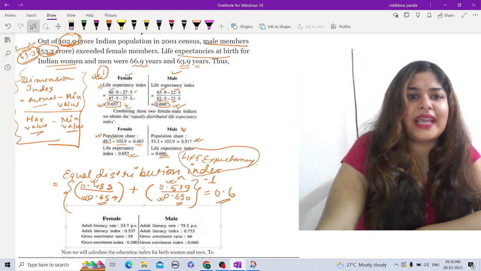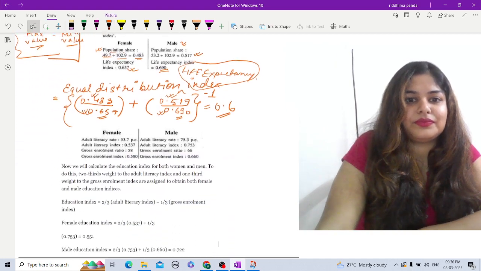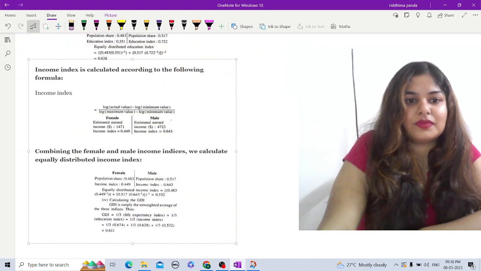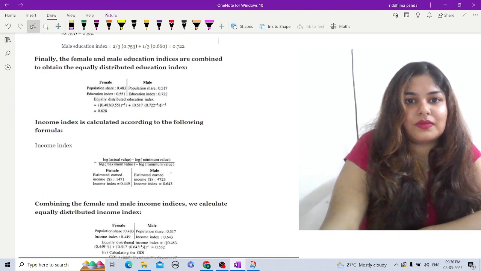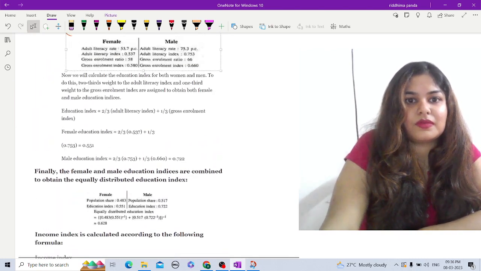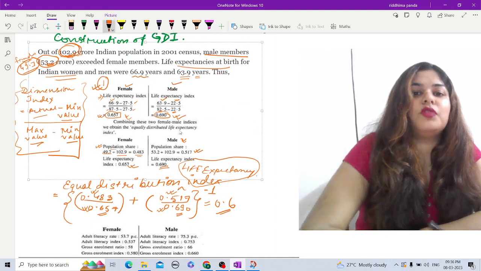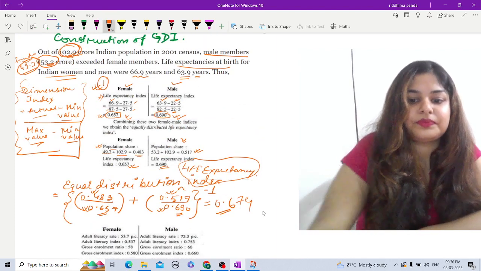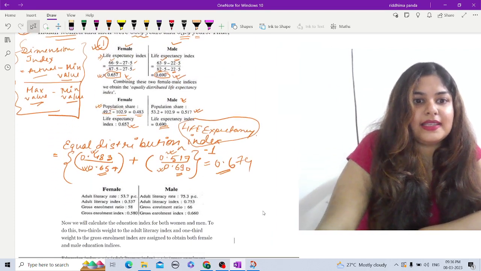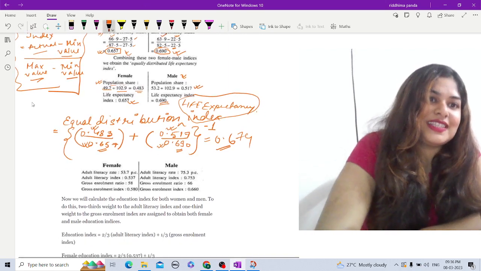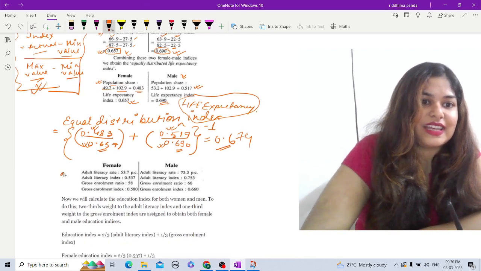Now moving on to the second dimension index using the same formula.